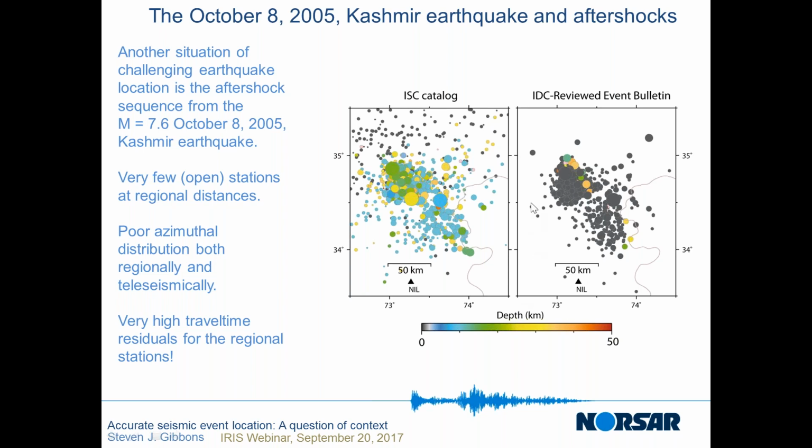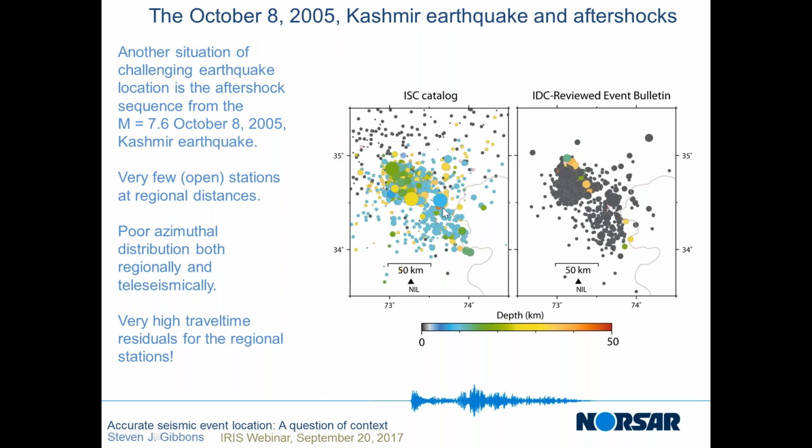I mean, we had the regional event bulletin and the bulletin at the International Seismological Centre also. We see lots of spots in the top of the plot, and these are, for example, single array locations provided by the Kazakhstan National Data Center. So there's very different conditions associated with the locations of each of these.